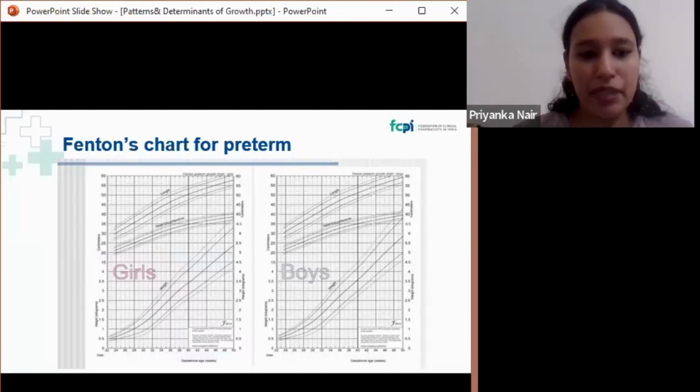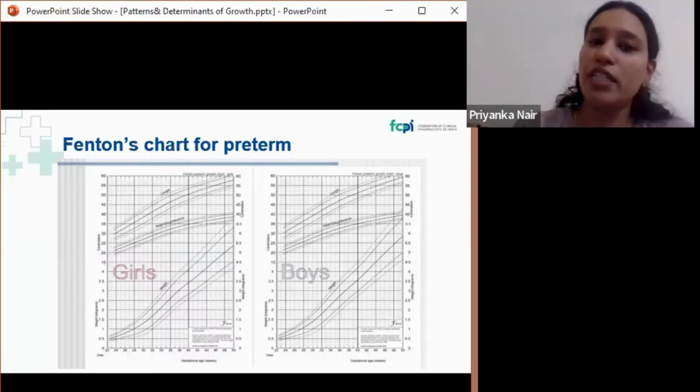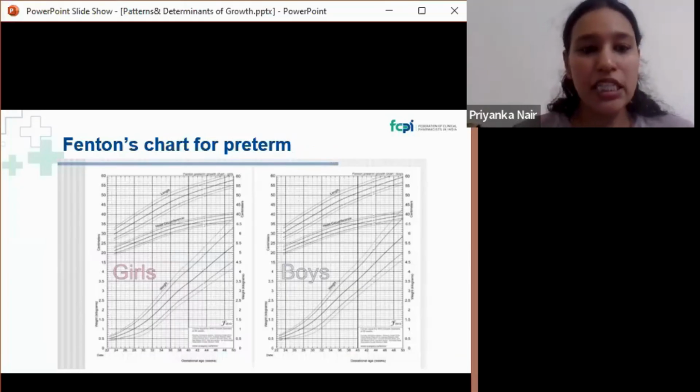Extremely preterm is before 28 weeks of gestation. Between 28 to 32 weeks is the very preterm. Moderate preterm is 32 to 34 weeks of gestation, and late preterm are the babies born between 34 to 36 weeks of gestation.